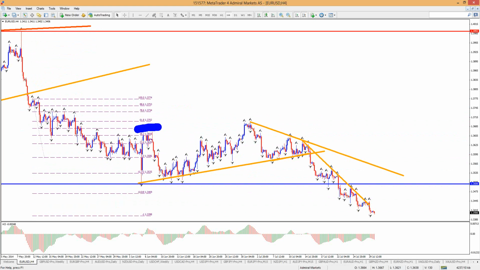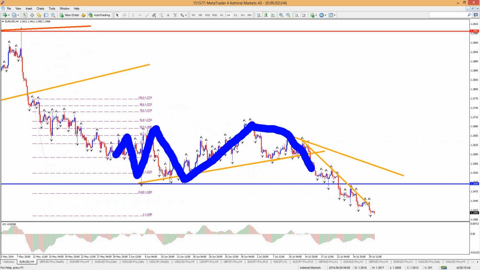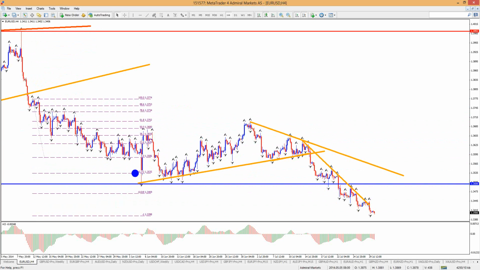Basically, price went to the 38.2, hit the minus 272, then retraced to the 50 Fib, then made a double bottom, then went up to the 61.8 Fib, and then finally hit the minus 618 target. So this type of formation you see sometimes off of the minus 272 target.